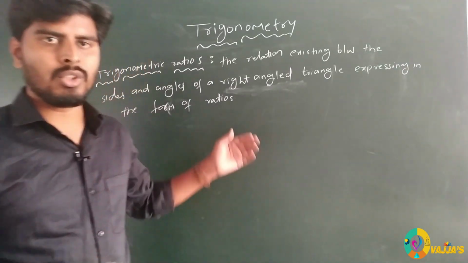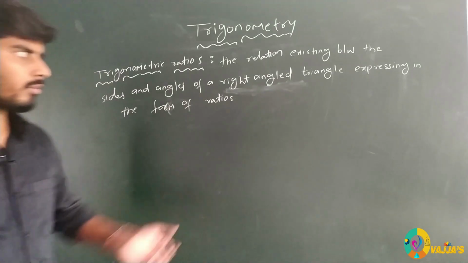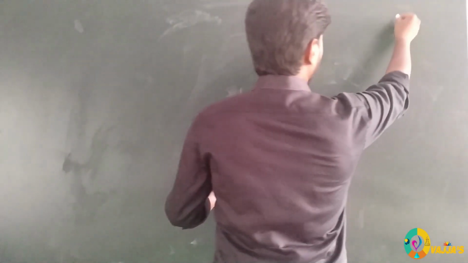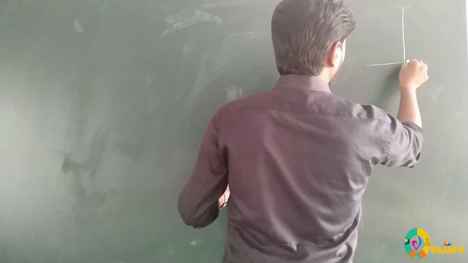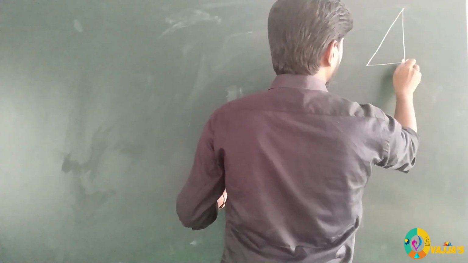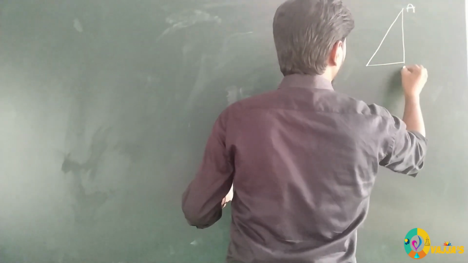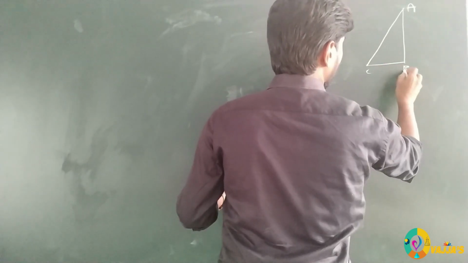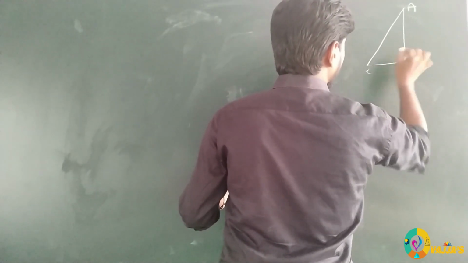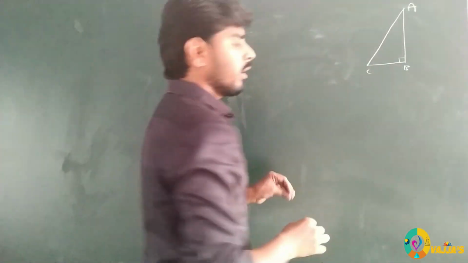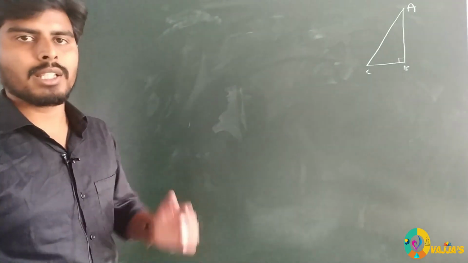Let us pause the video. What is the statement? Let us look here. Here I am taking a right angle triangle ABC, right angle at B. So here we have to take an angle other than the right angle.